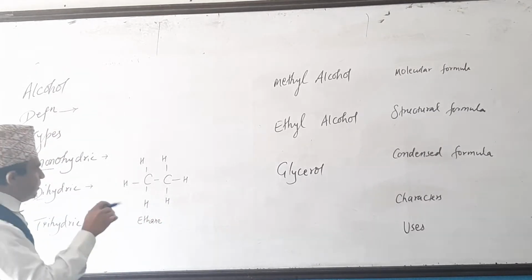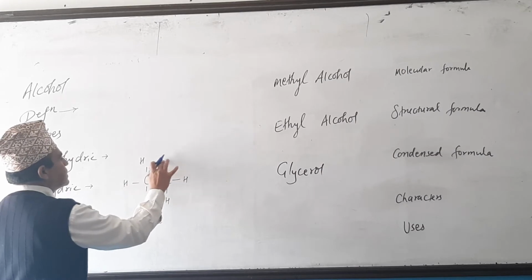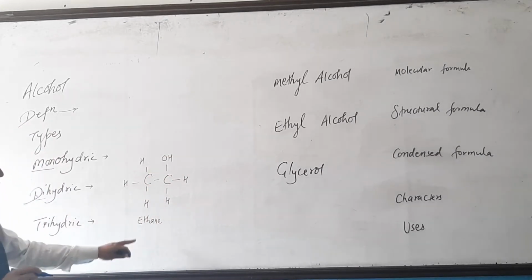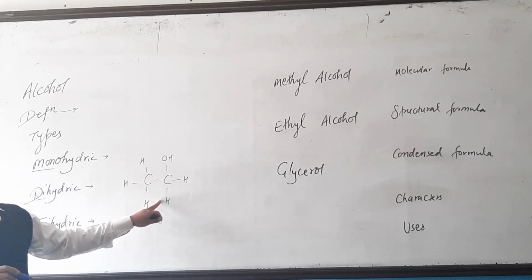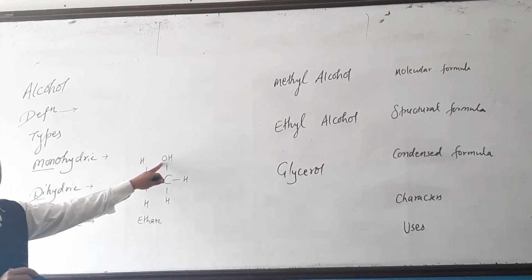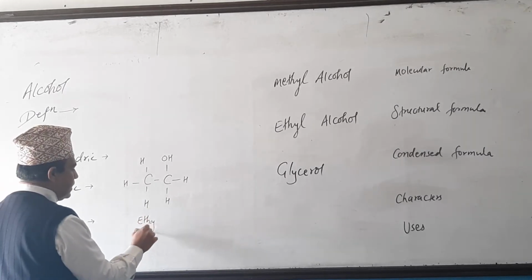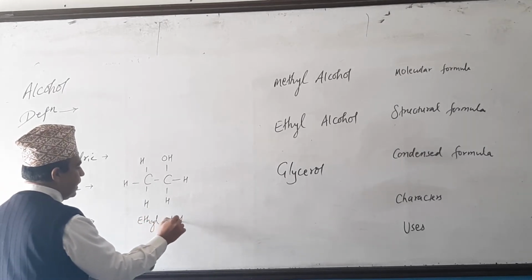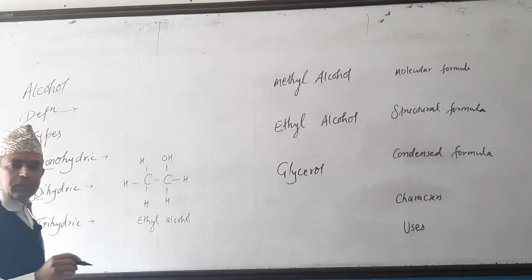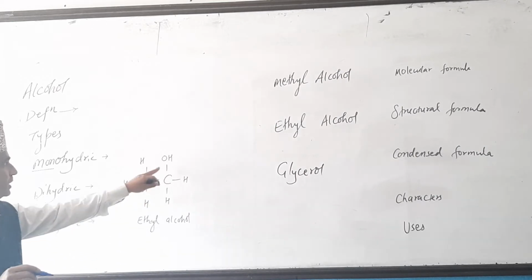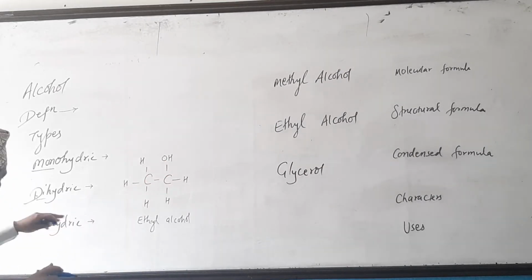Okay. But if one H is replaced by OH, now it is not called ethane. Here is the presence of one OH group. So, its name is now ethyl alcohol, because of the single OH group. But I am going to tell you about dihydric alcohol.